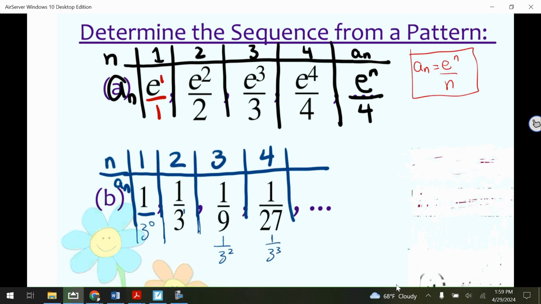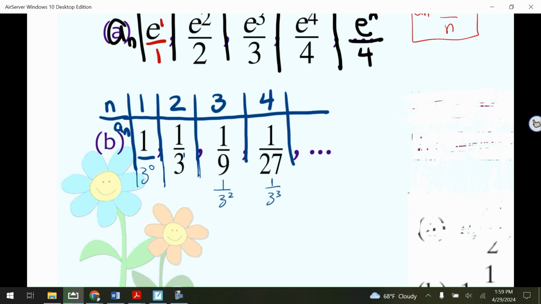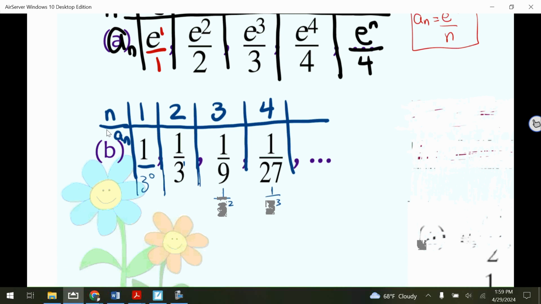So once I notice that all of these are powers of 3, so I have all of these 1 over 3 to some power, I then have to notice their relationship to n. So the 1 is all the same. So when I consider the nth term, it's going to be 1 over something, right? And then we all know they have 3's in them. You have 3 to the 0, 3 to the 1, 3 to the 2, 3 to the 3.